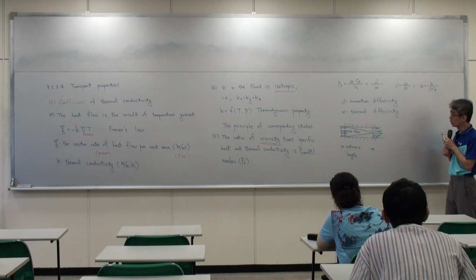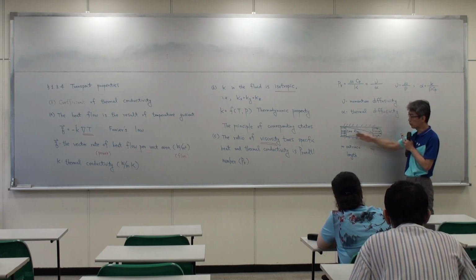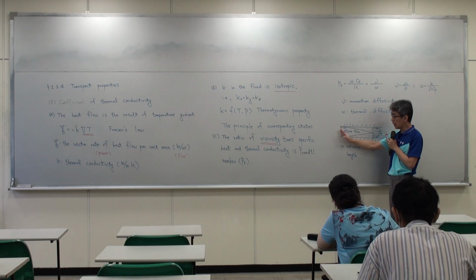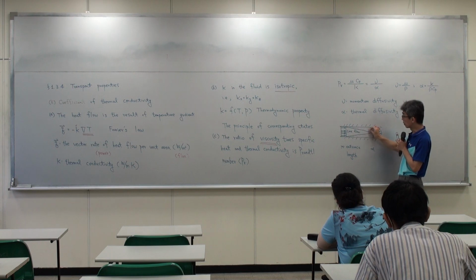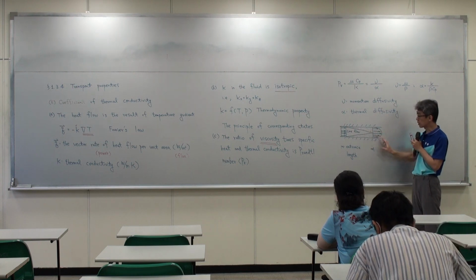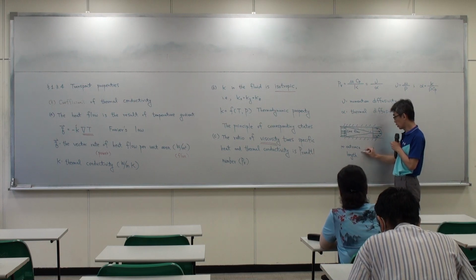Here is an example for the momentum diffusivity. If we have some pipe flow, at the beginning, at the entrance, they have a uniform flow, but they need some time to diffuse their viscosity effect to a certain distance. And usually this distance we call the entrance length.